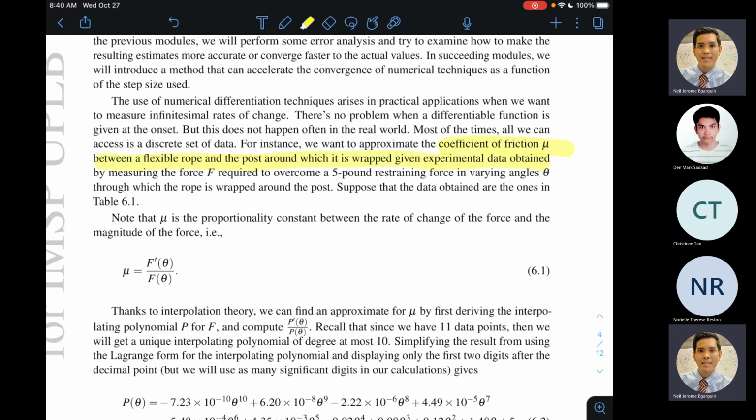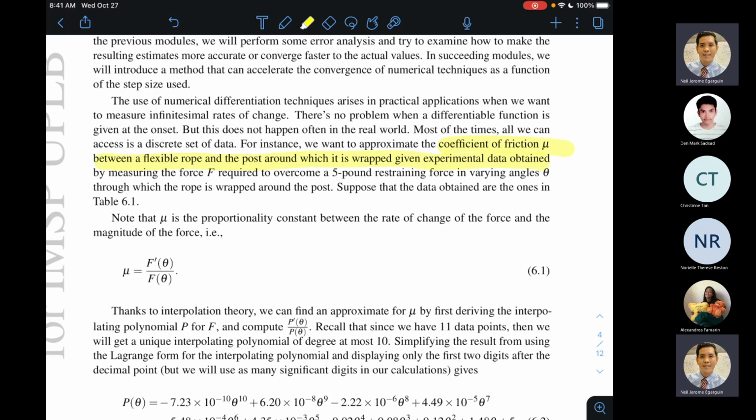And then, kung gagawa tayo ng experimentation para mo-compute itong coefficient of friction, mu, magagawa lang natin ay i-measure yung amount of force needed to overcome a 5-pound restraining force at certain angles between the force itself and the post. So hindi natin talaga makukuha yung function of the force in terms of theta by just looking at experimental or observation data. Kasi nga discrete lang yung makukuha natin.